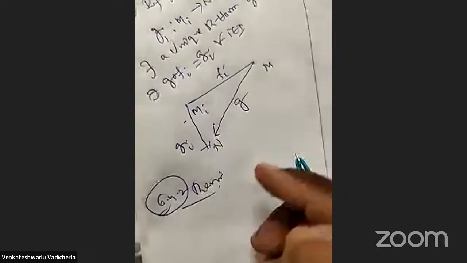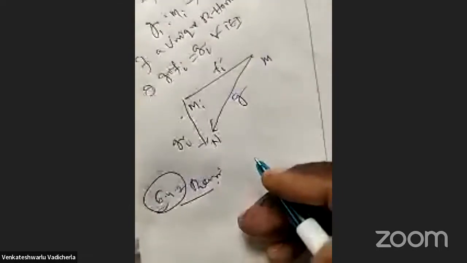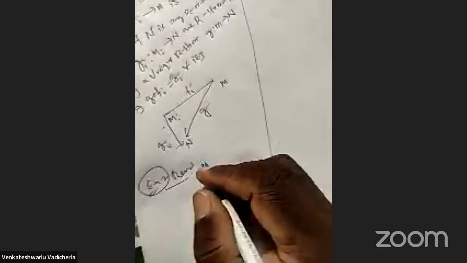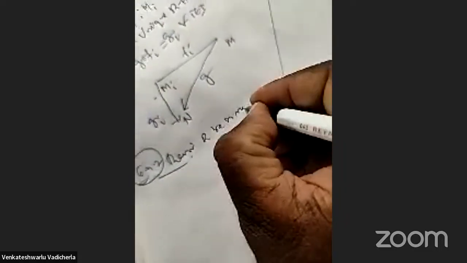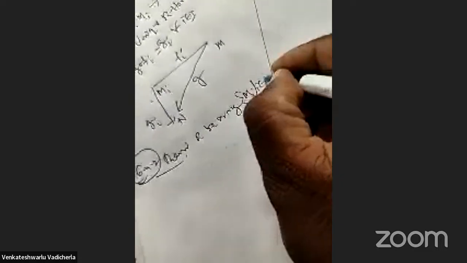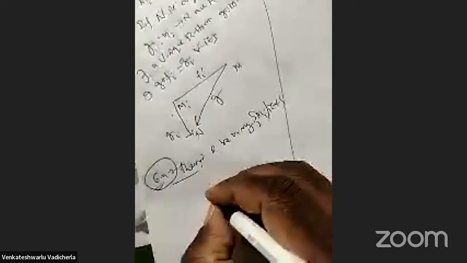Next is 6.4.2 theorem. Let R be a ring, and let Mi, such that i belongs to capital I, be a class of R-modules.